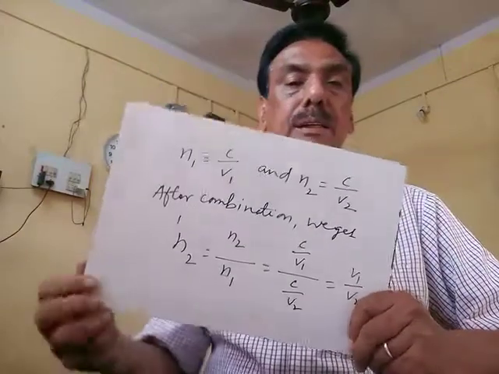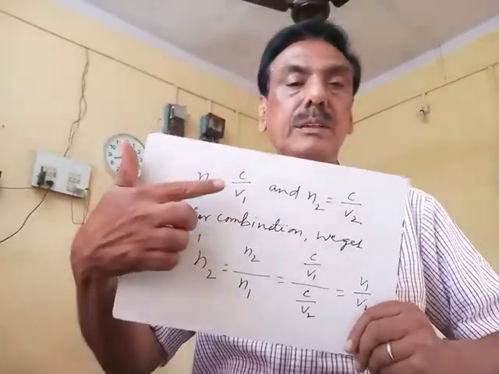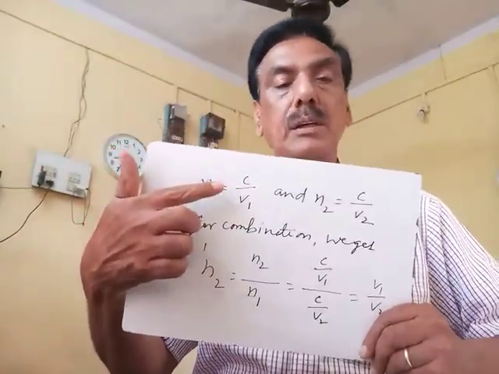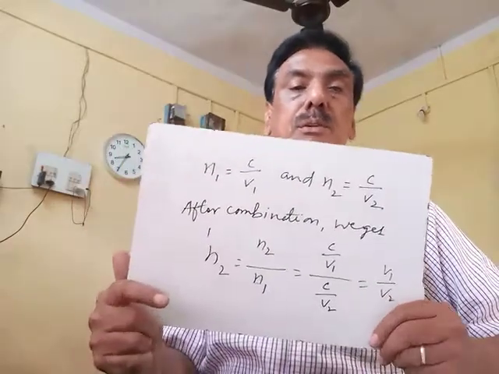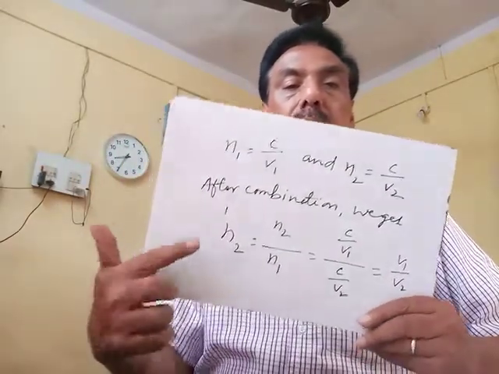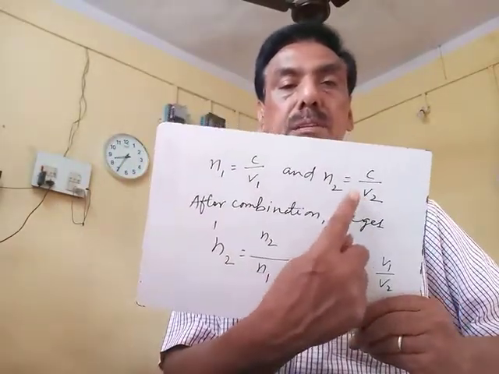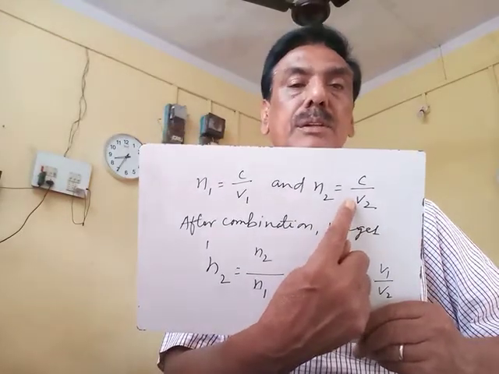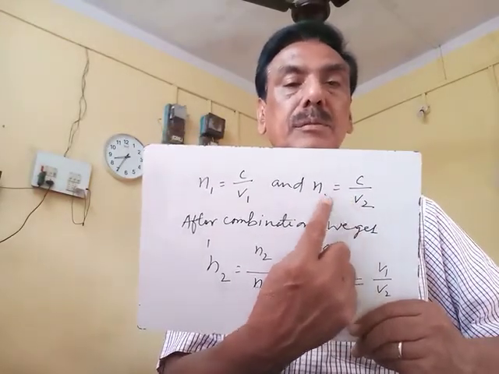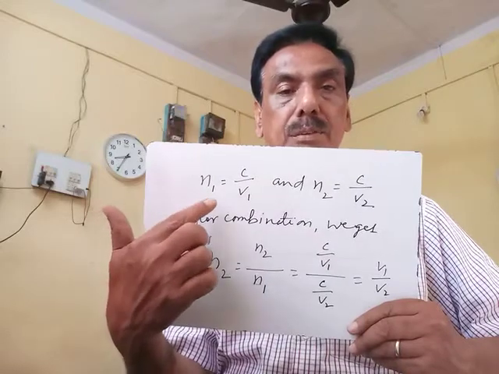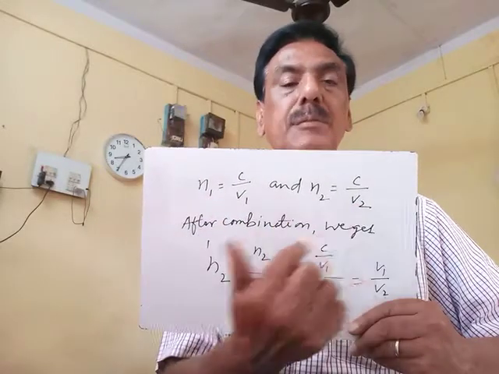So see here now. The first one is the refractive index of the first medium with respect to the vacuum, and the second equation is the refractive index of the second medium with respect to the vacuum.